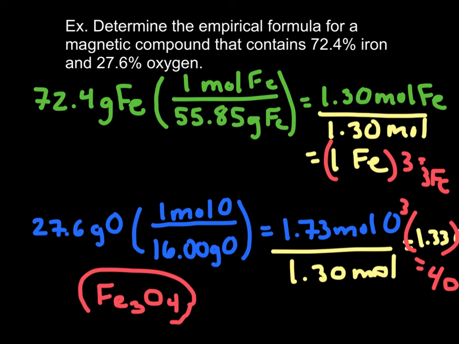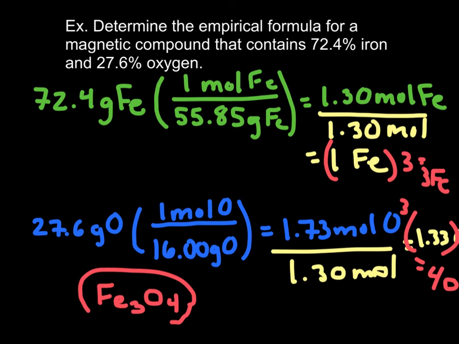From there, step 2 tells us we're going to convert grams to moles of each element. Grams to moles. The third step tells us to divide each mole value by the lowest mole value. This is where we get our lowest whole number ratio for our compound.